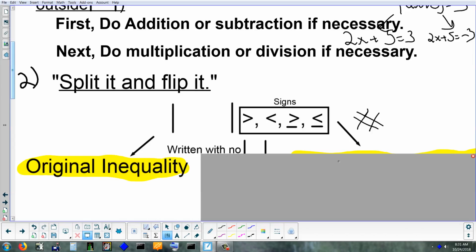The only thing that's different is there are no bars. It's the exact same numbers and variables, the exact same sign, the exact same number. Nothing changes except you're writing it without the bars.